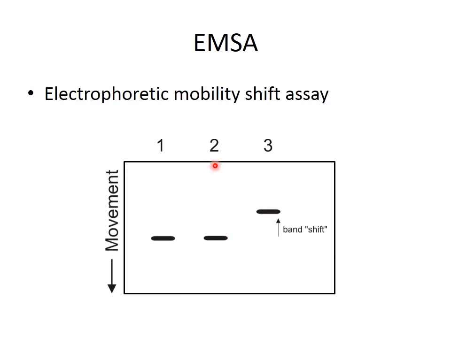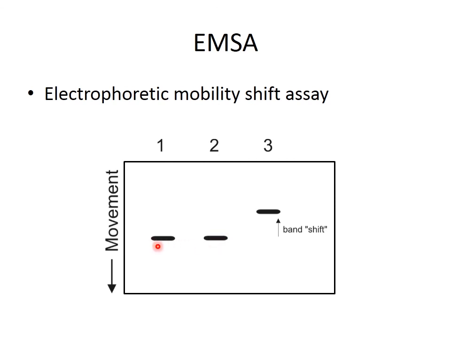In this case, if the protein added is not able to interact with this DNA, so the protein does not bind to DNA and hence there is no change in the migration rate of DNA. So if one type of protein is added here and there is no change in the mobility shift, that means this protein does not bind to this DNA.